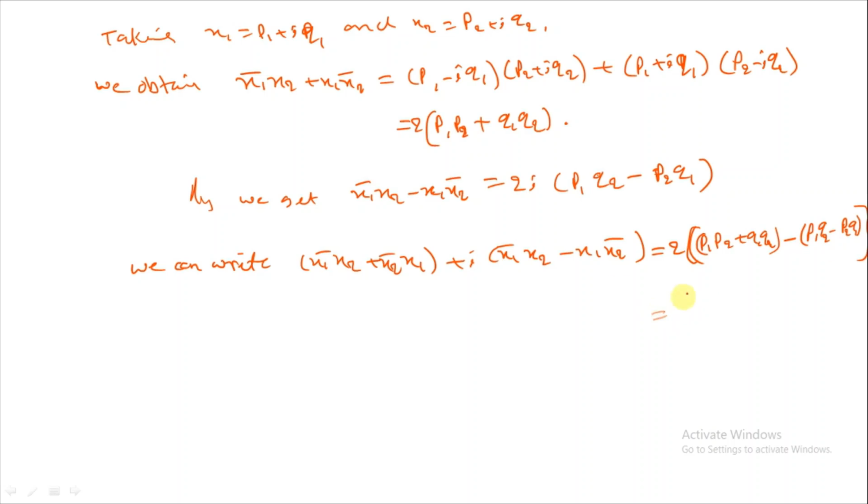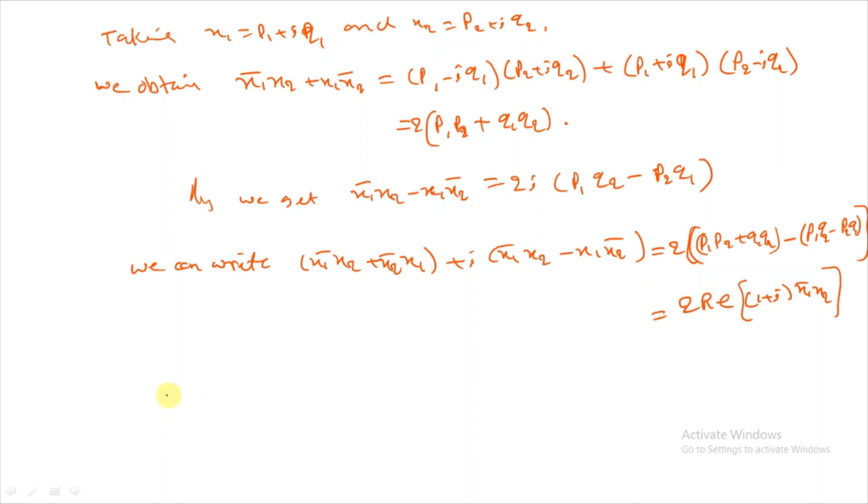It's the same thing. This one, if you write this way, same as real into 1 plus i into x1 conjugate x2. Both are same. Total term you can write 2 real into 1 plus i into x1 conjugate x2. If any doubt you can check 1 plus i into x1 conjugate into x2, you get the same term.